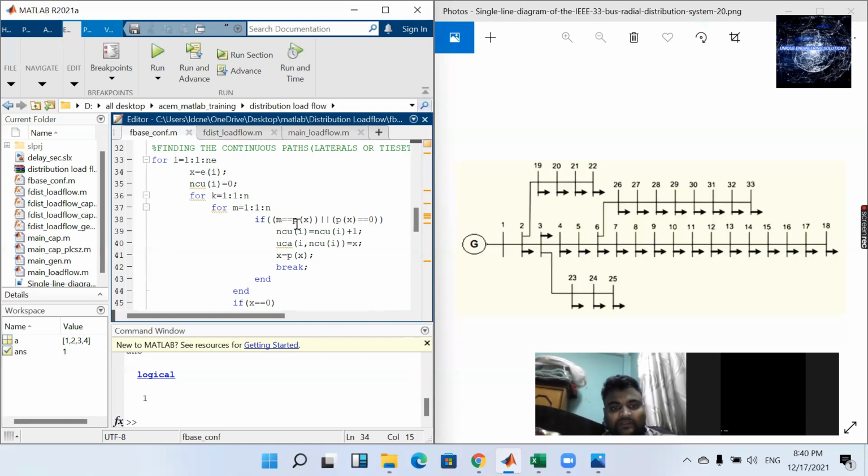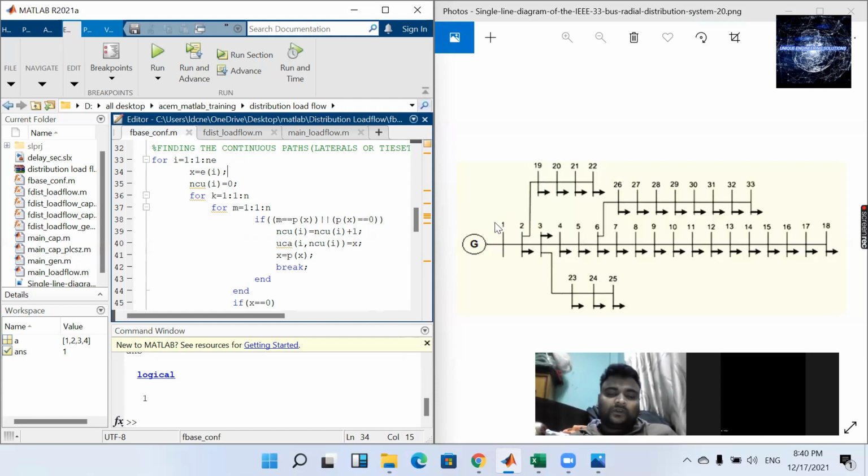So if m is the precedence node of this, or px equals 0, that is we have come to 1. For the precedence node of 1, the starting node, we have assumed that the precedence node is 0.